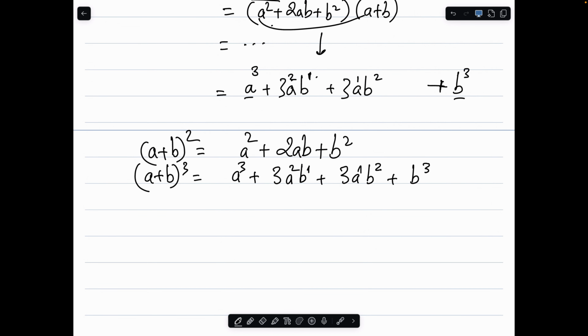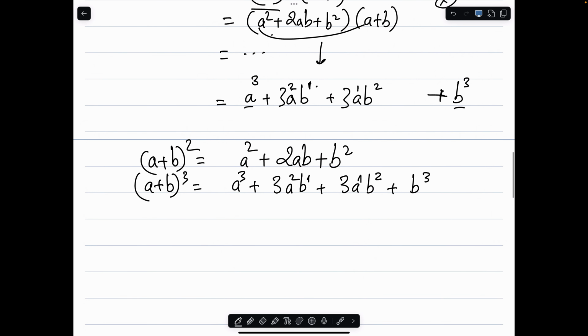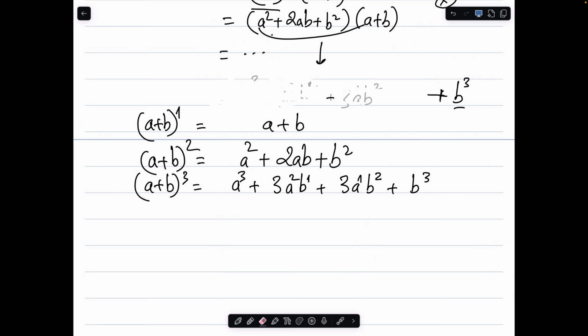Of course, to see the pattern, the Pascal triangle, we should write a plus b power 1, even though the expansion for this is of course a plus b, right? There's nothing there to expand, but we have to write it like that, and we even have to write a plus b power 0 is 1. Okay, anything power 0 is 1.